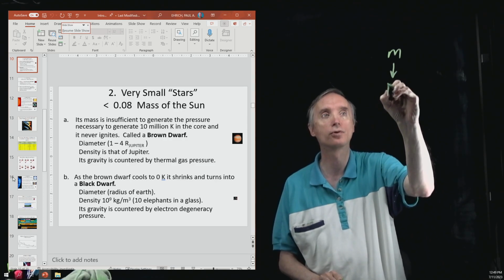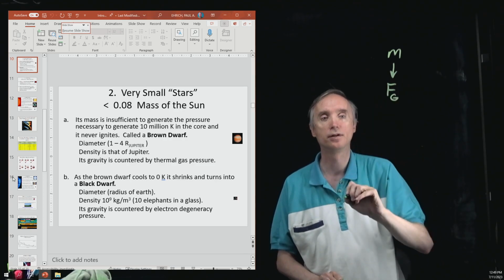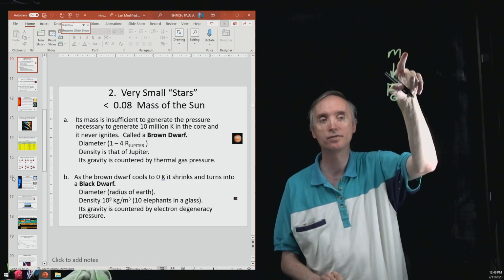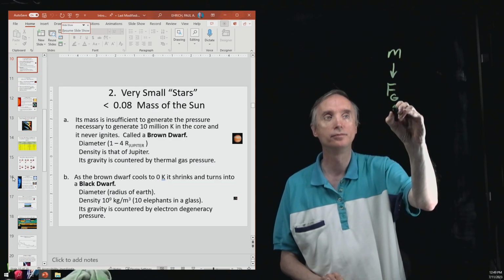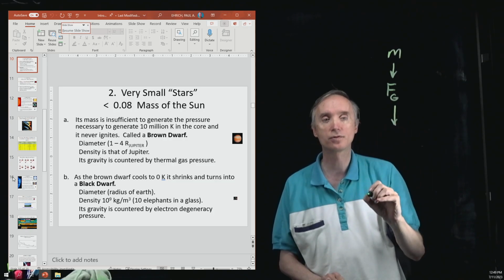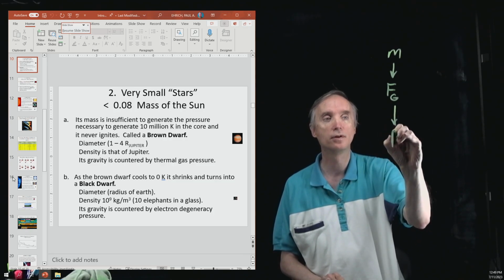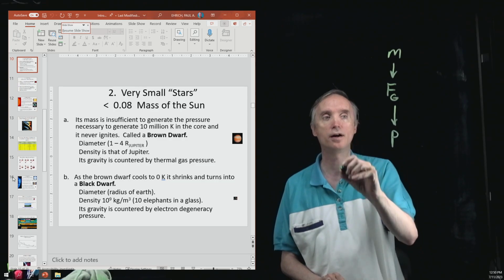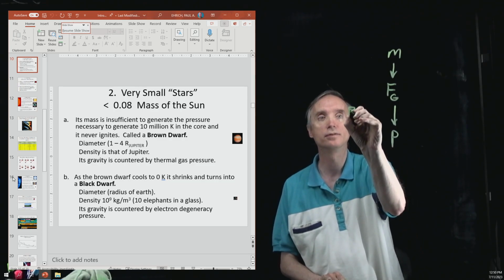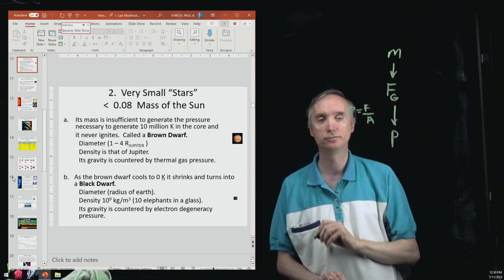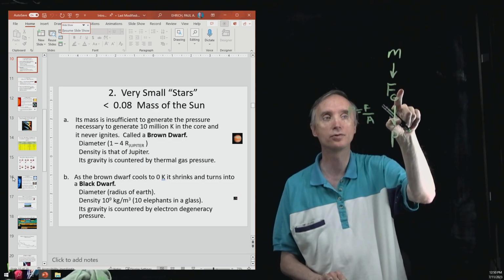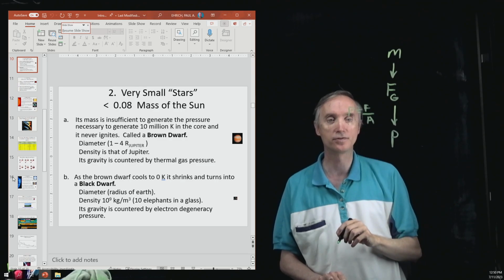So we've got the force of gravity. The larger the mass of a star, the greater its gravity is going to be. Then we have that the force of gravity is going to cause pressure, because pressure is equal to force divided by area. So the greater the force, the greater the pressure.